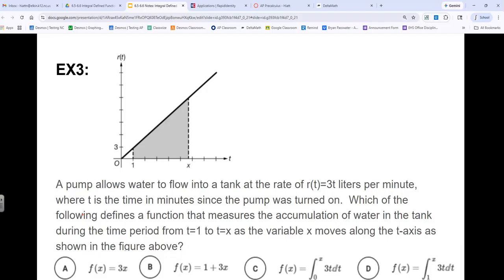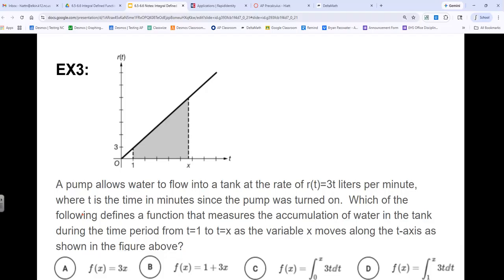So what is graphed right here? They don't make it very plain, but what is graphed right there? What about the tank? Is it the amount of water in the tank, or is it the rate that it's changing? It's the rate.